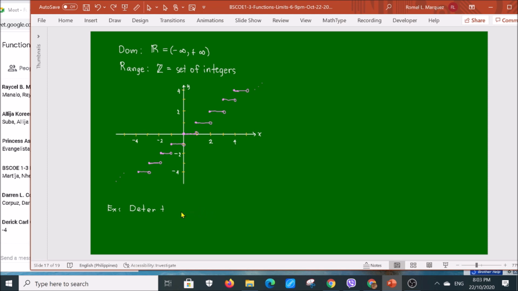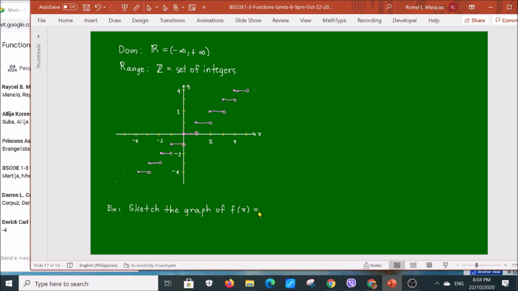Sketch the graph of f of x defined by, so this is how it is defined.